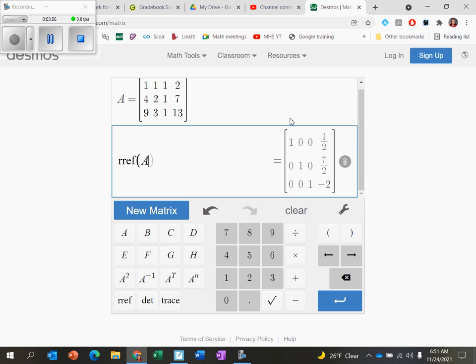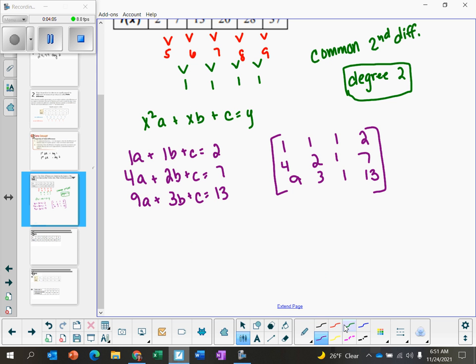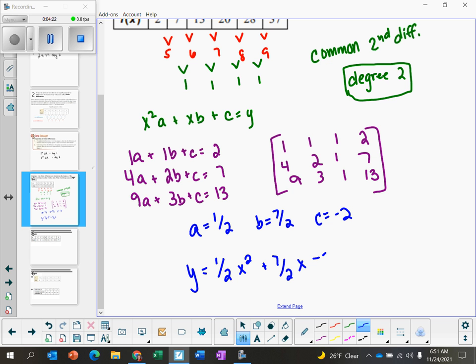So it looks like we have positive 1/2 for A, positive 7/2 for B, and negative 2 for C. So that means we're going to have y equals 1/2 x squared plus 7/2 x minus 2.